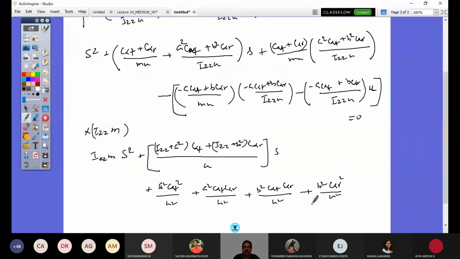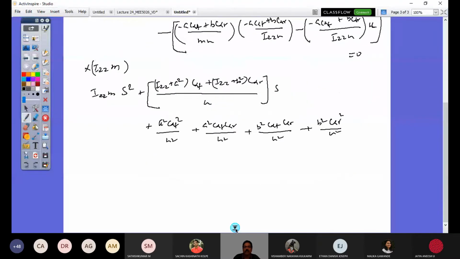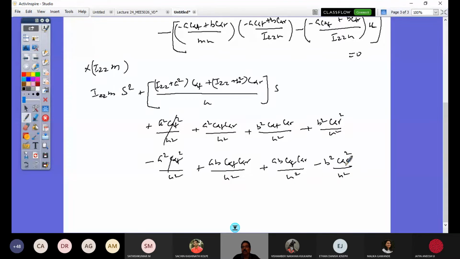Then I would have similar terms with the negative sign, so minus a squared C alpha F square by u square, and this gets cancelled. I would have a b C alpha F C alpha R by u square plus again a b C alpha F C alpha R by u square, and the b squared C alpha R square by u square term goes off. This is all equal to 0.